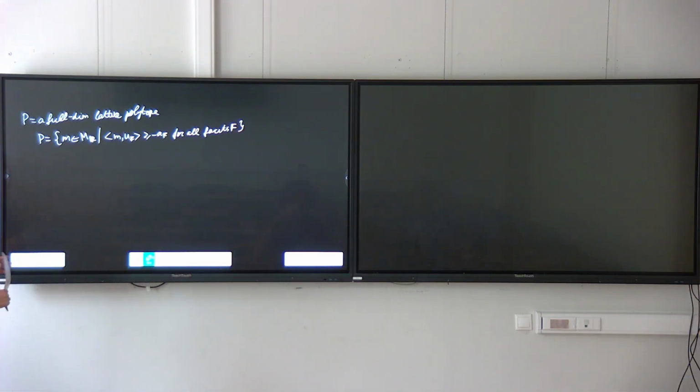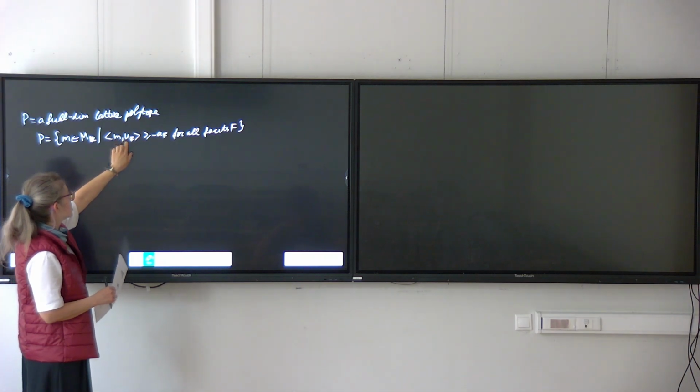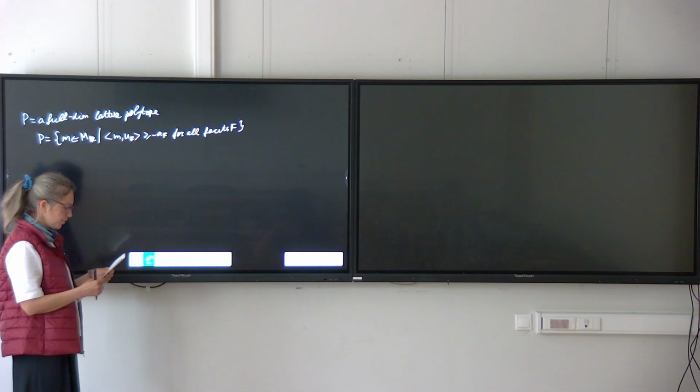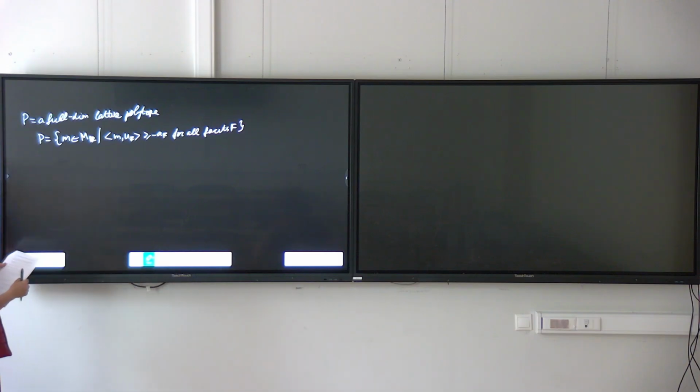Okay, so just any polytope can be given in this way. These are normals to the facets, and these are some values. So, if we start just with a full dimensional lattice polytope, we can obtain a toric variety.